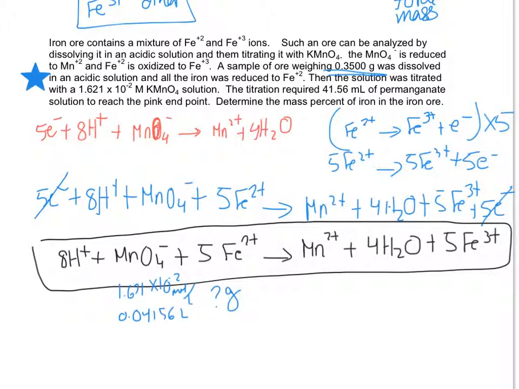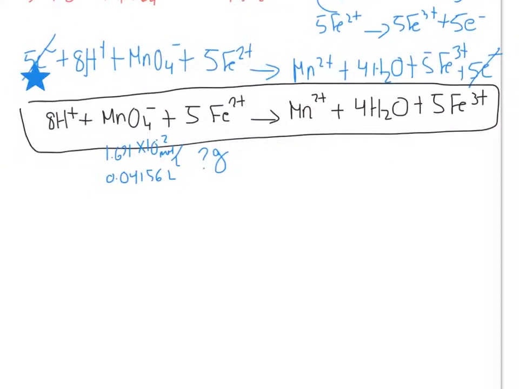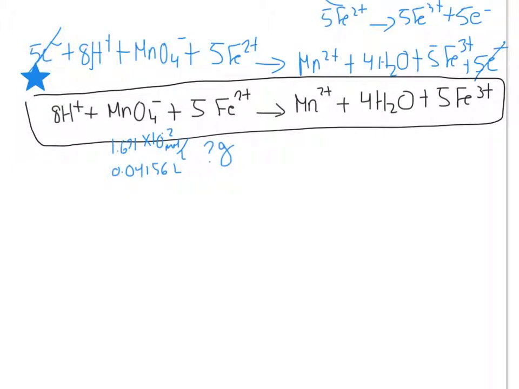All right, so this is just a regular stoichiometry problem at this point. We're looking for the mass of our iron, but we're given information about our permanganate. So as always, you find the moles of the substance you have information about, in this case the MnO4 minus. You do it whichever way you prefer. I'm going to use the way where I cancel out my units.